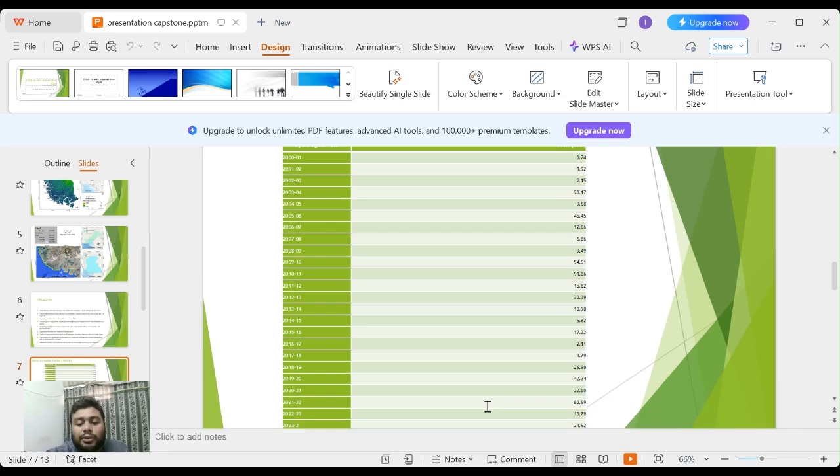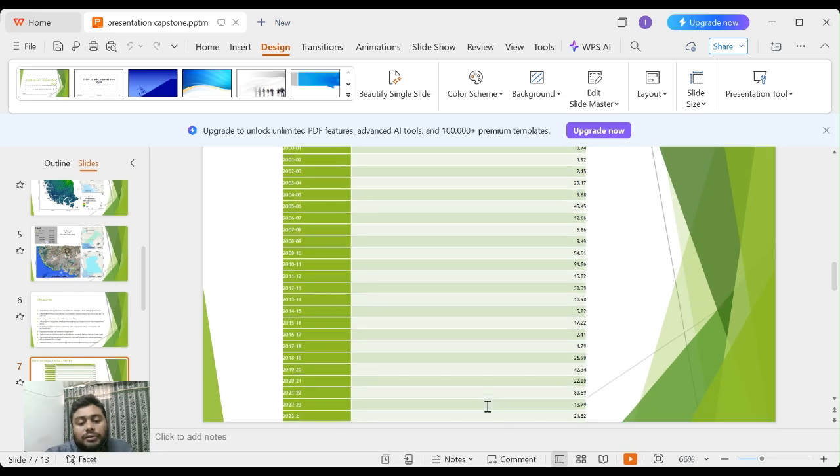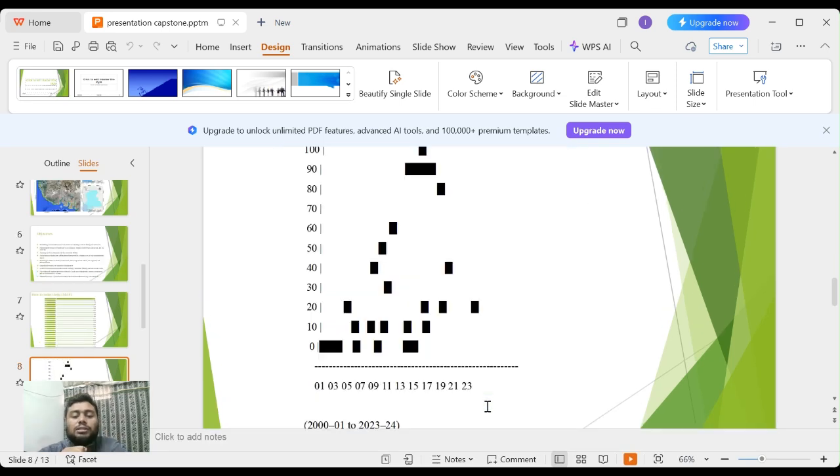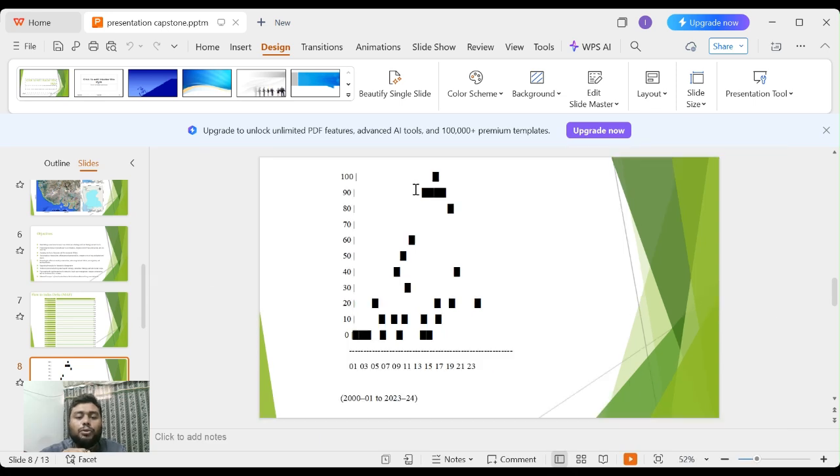So 80 million acre feet reached the delta region. The flood is also a blessing for this area. From 2009 to 11 there is an increase in flow, 90 to 100,000 million acre feet reached there.